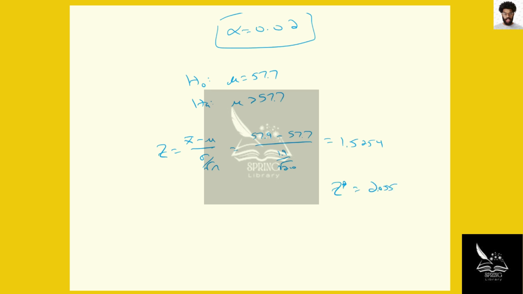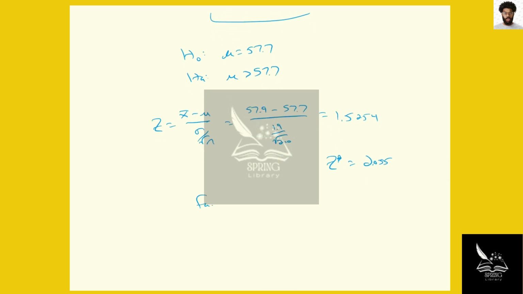And since our value is less than the critical value, we would fail to reject the null hypothesis. Based on the sample data and the known population standard deviation, there is no significant evidence to support the claim that the car's actual MPG is greater than the manufacturer's.